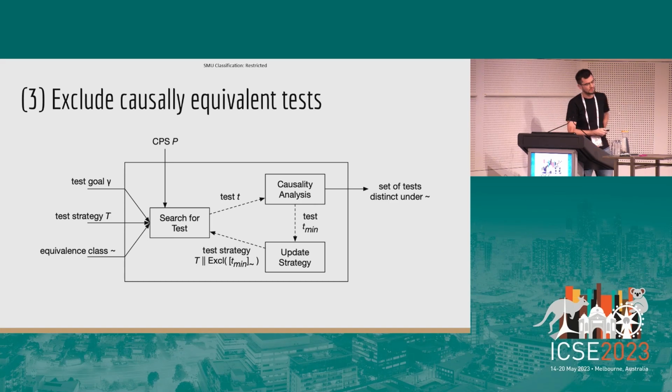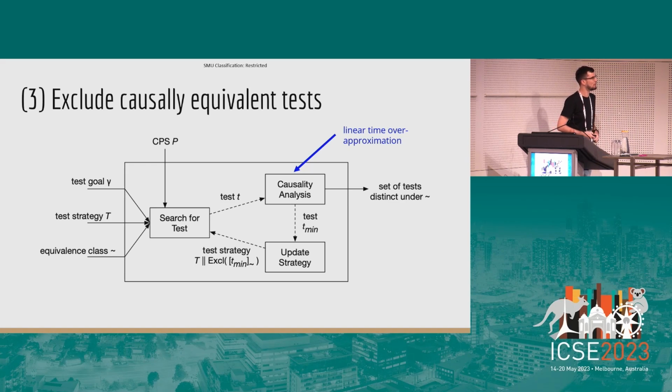Once a test is successful, there's a little analysis over here, a linear time over-approximation that tries to prune away manipulations that were not important for that test's success. Once that's finished, the remaining manipulations are assumed to be causal. And then it does an online update of the strategy so that in the next round, it does not derive a test that is essentially the same, using those same causal manipulations.